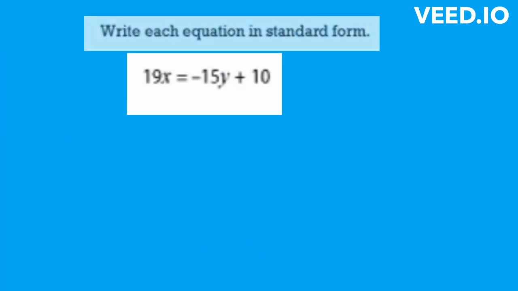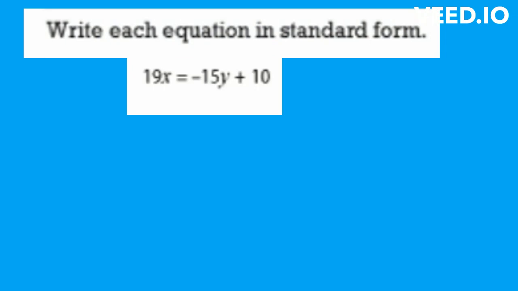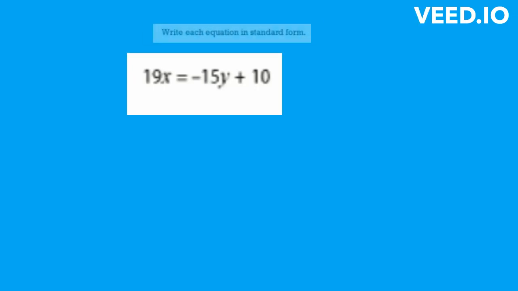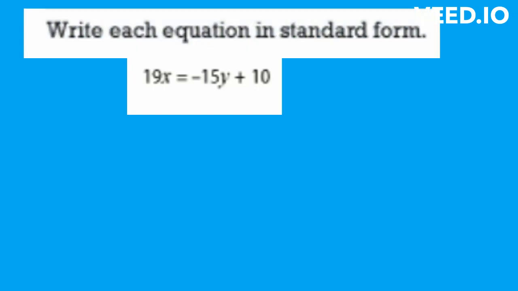Standard form of equation says it should be in the form of ax plus by equals c. The x term should come first, plus the y term equals a constant. So we have the x term on the left hand side here, 19x, but the y term is on the other hand side. We need to get it here.